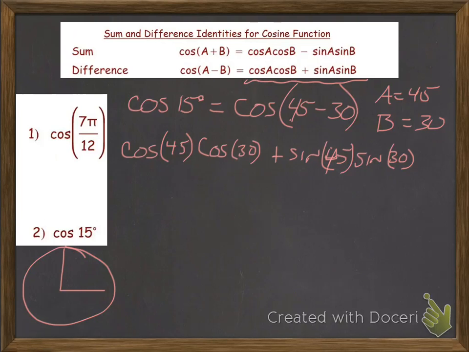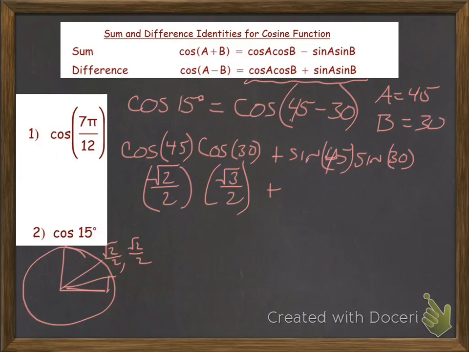I'm looking at the first quadrant. 45 degrees is square root of 2 over 2 for both of them. So that's going to be my x value, square root of 2 over 2. My x value of the 30 degrees, that's my longer x. The x is my longer side for that one. So that's square root of 3 over 2 plus square root of 2 over 2 times the y value on this 30. The sine of 30 is 1/2.